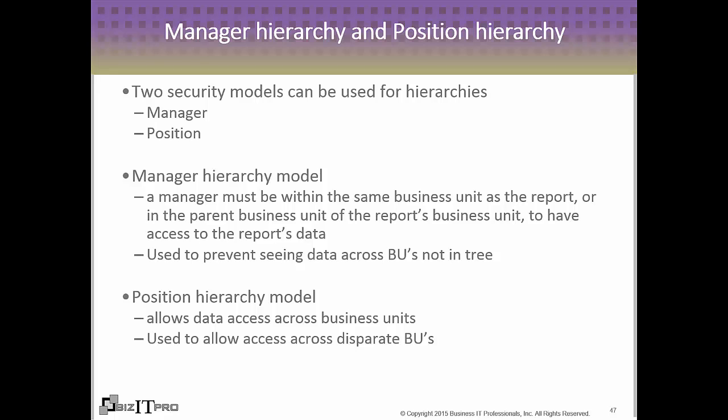In another division, managers would have access to subordinates' data, but not to subordinates of the managers in the other tree structures. The position hierarchy model allows data access across the business units, and it's used to access data across the disparate business units.